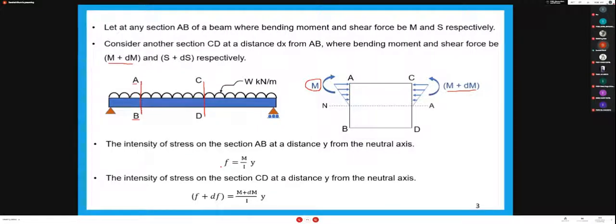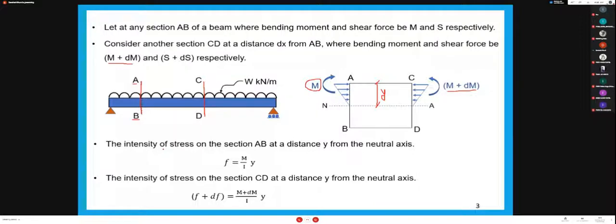The bending stress is given by M by I into y. Here y is this depth.